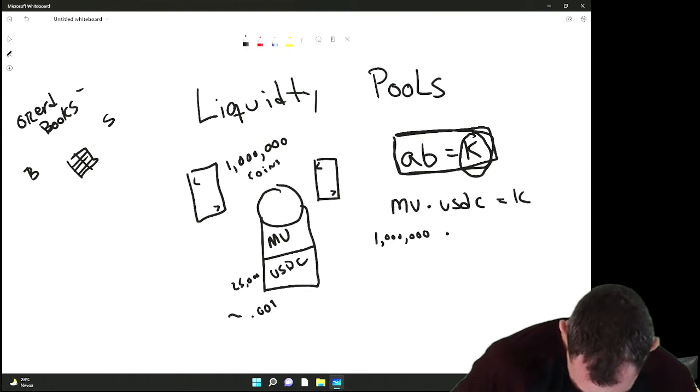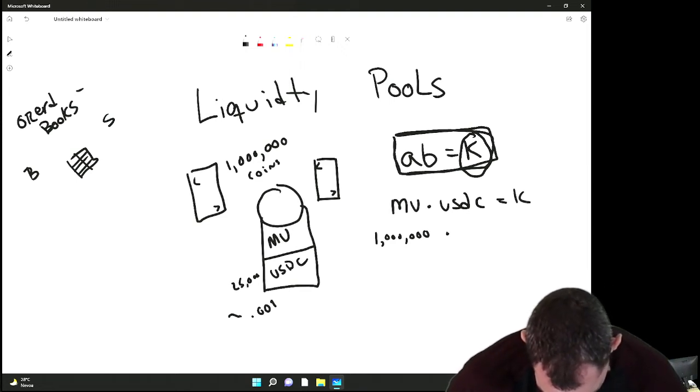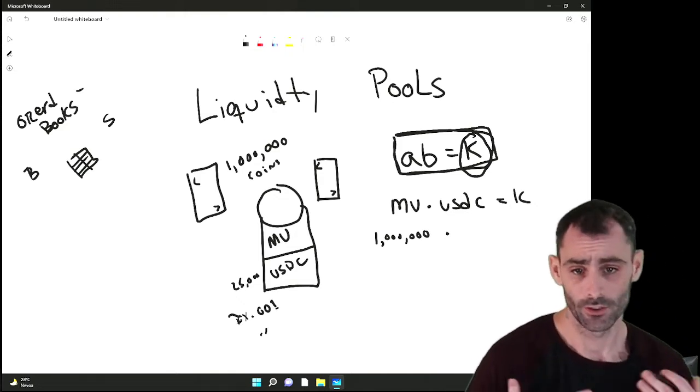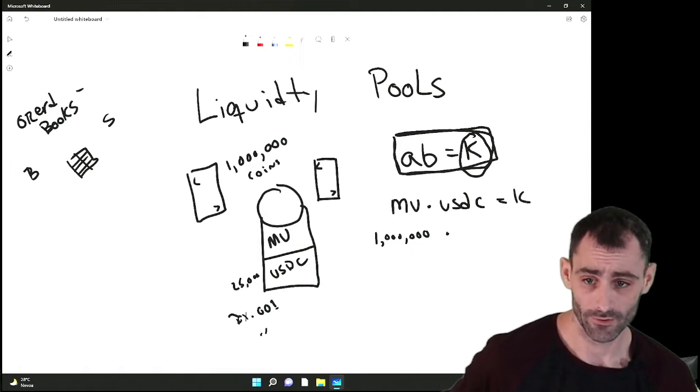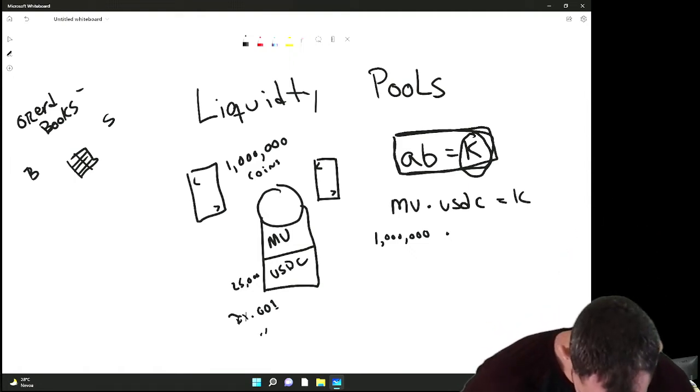You can look at it like this, whichever one you want. If this is dollars, then that's 1/10 of a cent right there. All right, so they're pretty stable. So I took 25,000 of those, and I paired them with 1 million Mu coins.